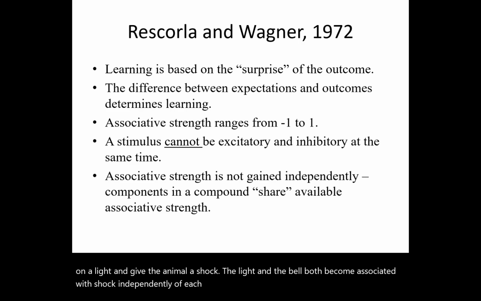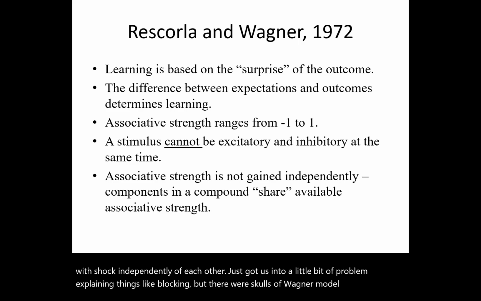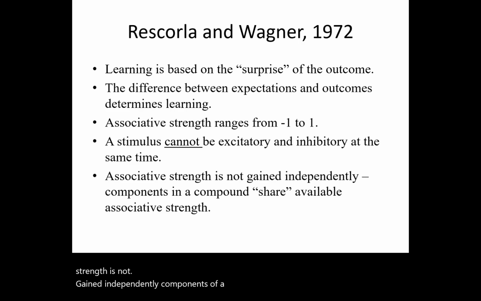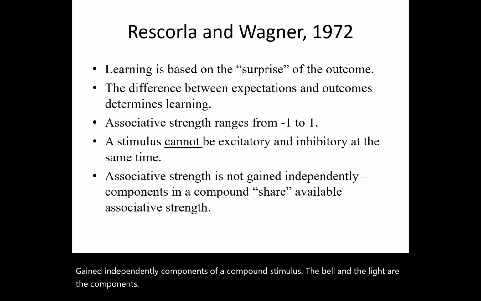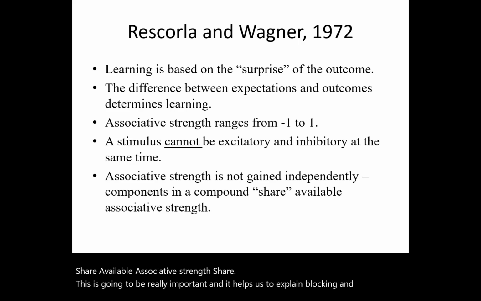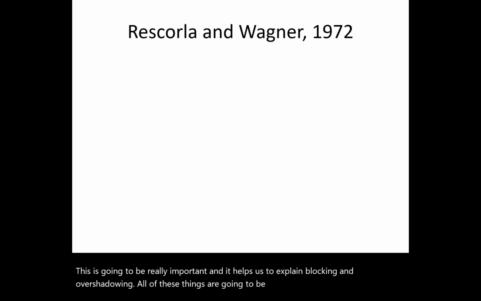This got us into a little bit of problem explaining things like blocking. But the Rescorla-Wagner model says associative strength is not gained independently. Components of a compound stimulus, the bell and the light are the components, share available associative strength. Share. This is going to be really important, and it helps us to explain blocking and overshadowing. All of these things are going to be explained in future slides.